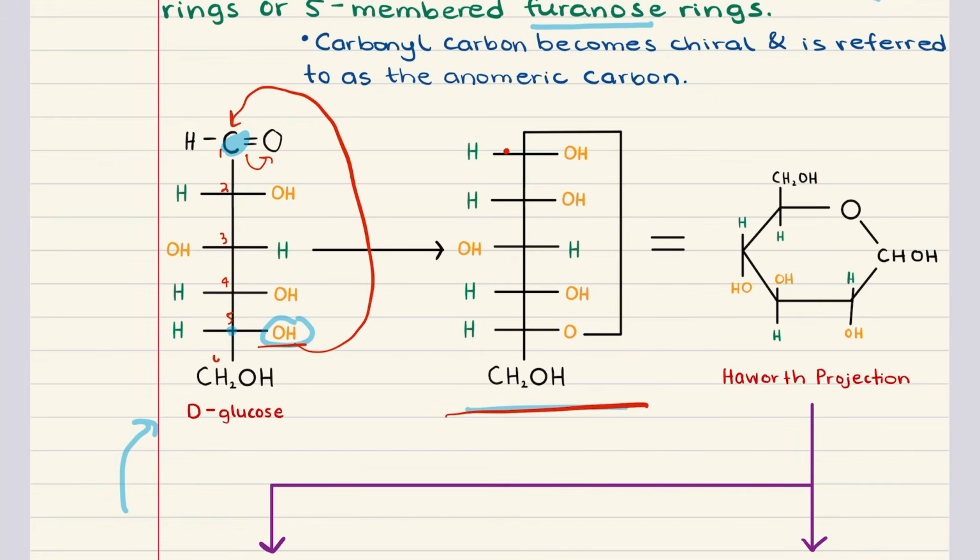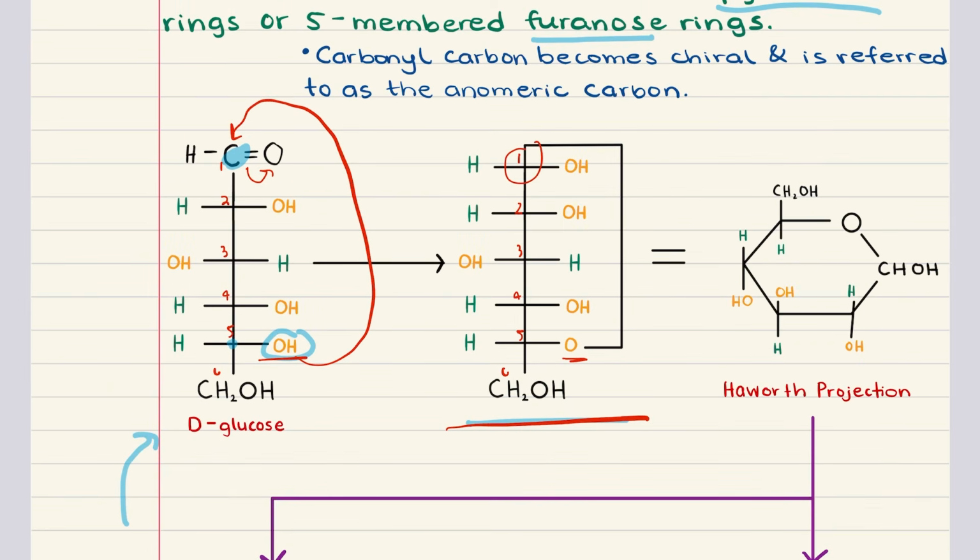In this pyranose structure, this is carbon number 1, 2, 3, 4, 5, and 6. Now, the bond that forms between the oxygen on carbon 5 and the former carbonyl carbon creates a hemiacetal. And with this numbered, let's relate it to the Haworth projection. In this projection, this is carbon number 1, 2, 3, 4, 5, and 6.